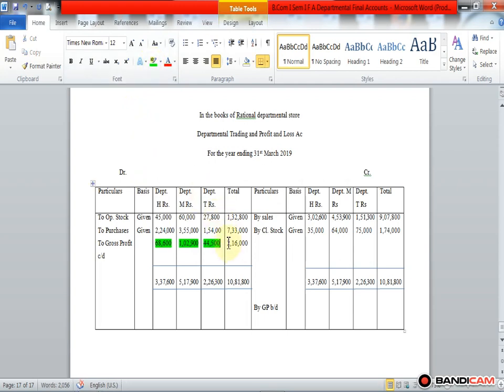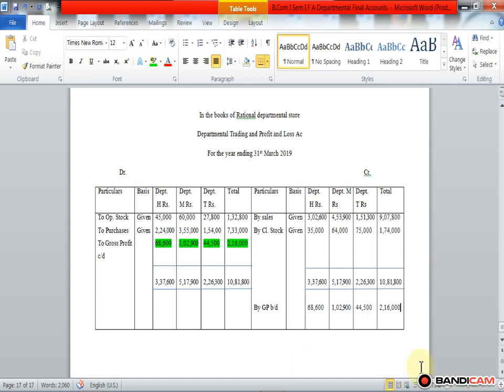So transfer this gross profit to profit and loss account, amounted to rupees 68,600 Department H, 1,02,900 the gross profit of Department M and 44,500 the gross profit of Department T, and total is 2,16,000, the total gross profit of the Rational Departmental Stores.